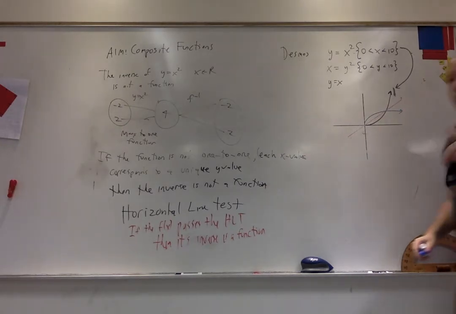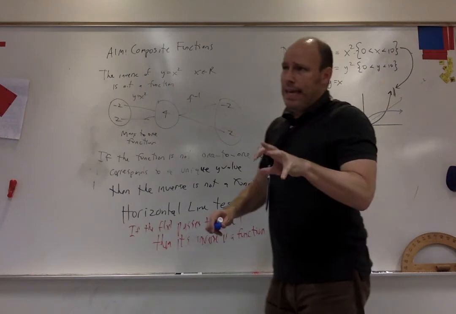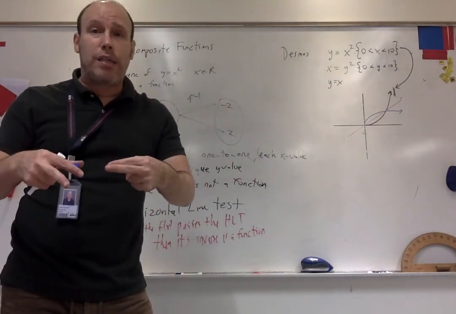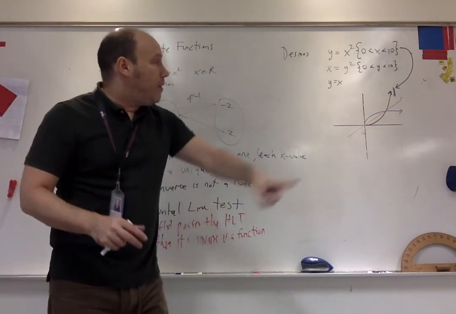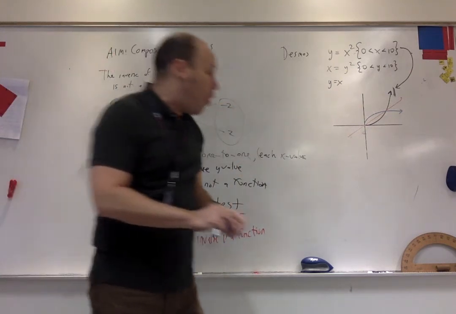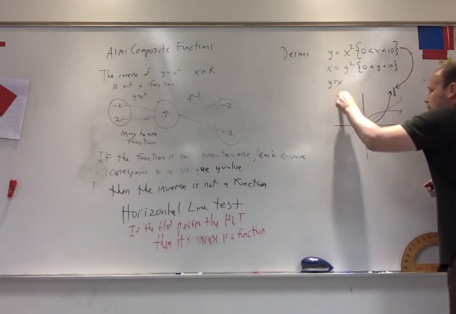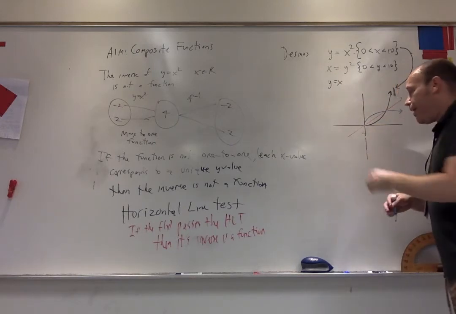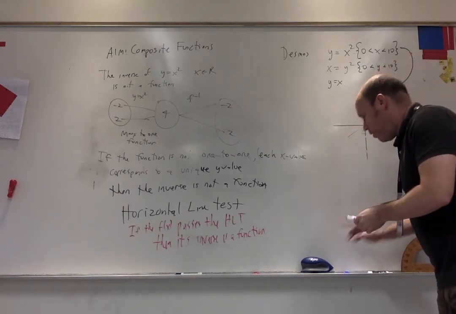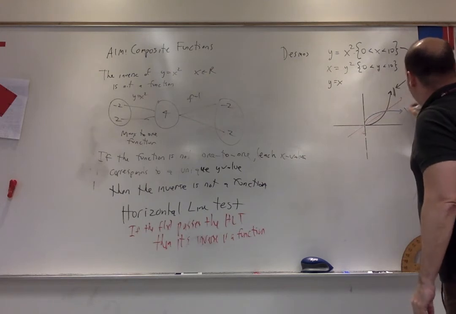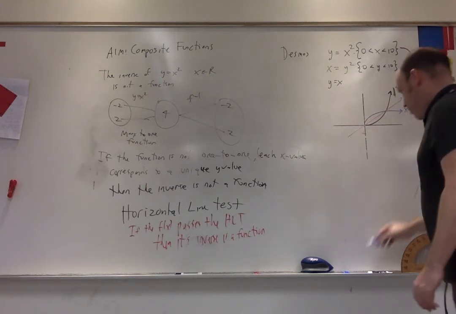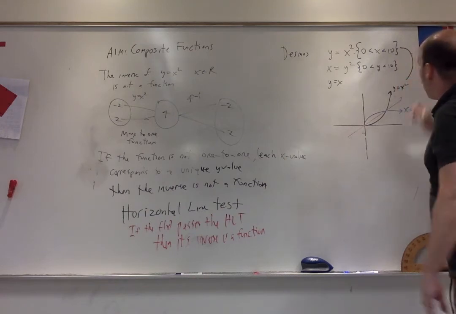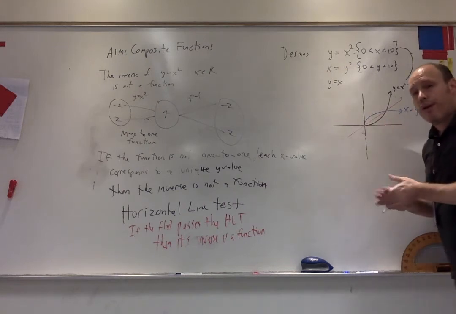Now, I think Joshua asked me a question about why it is not the same, and that's the idea: once we restrict to only positives or negatives, this is the image we get. So we took off the left branch. That means for the inverse, we took off the bottom branch, and now our inverse is a function. So this is x equals y squared, and this is y equals x squared, once again with the domain and range restricted. Okay.